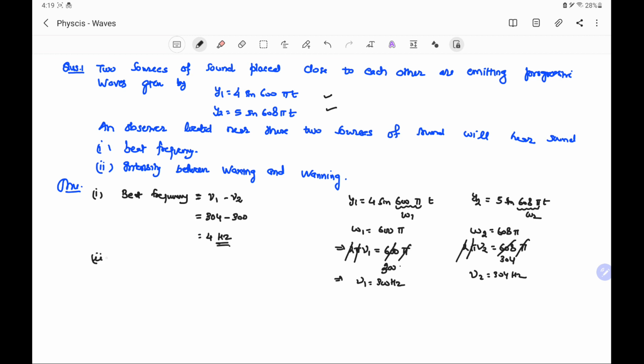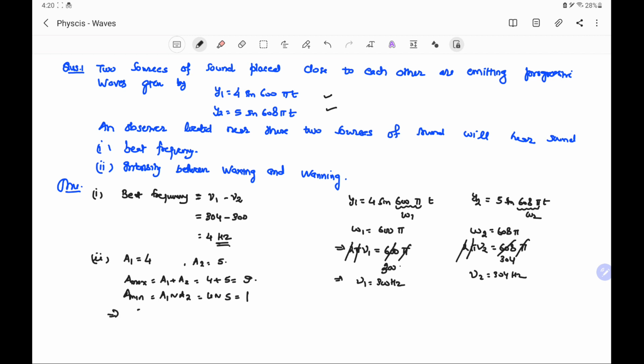Second part is the intensity between the waxing and waning. Amplitude of the first wave is 4 and second wave is 5. So maximum amplitude is A1 plus A2, that is 4 plus 5, equal to 9. And minimum amplitude is A1 minus A2, that is 4 minus 5, magnitude 1.